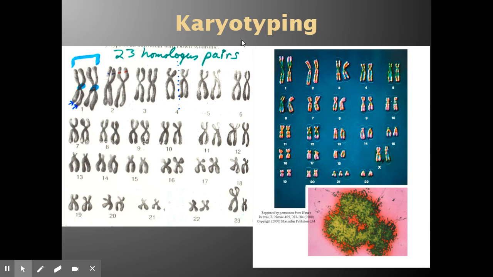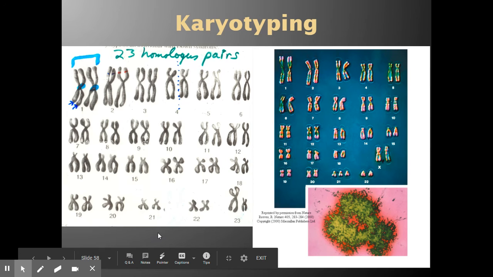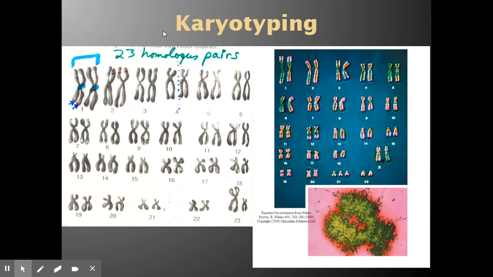I want to talk about karyotyping. So karyotyping is what we do when we are matching up and looking at someone's DNA and looking at if they have a genetic disease or not.